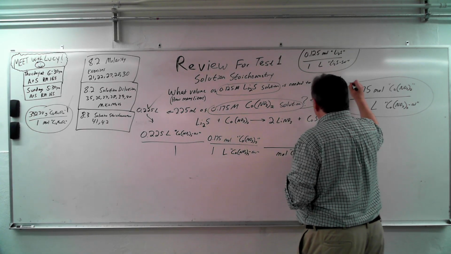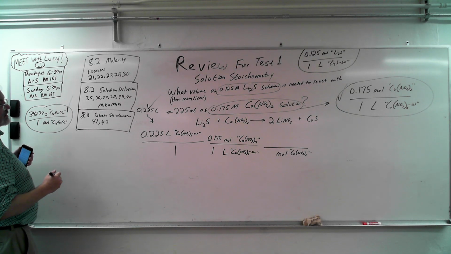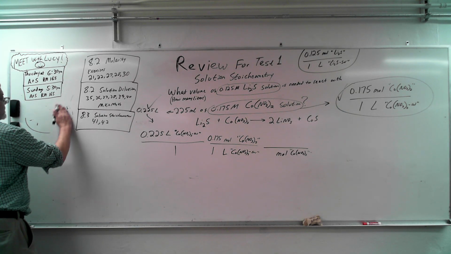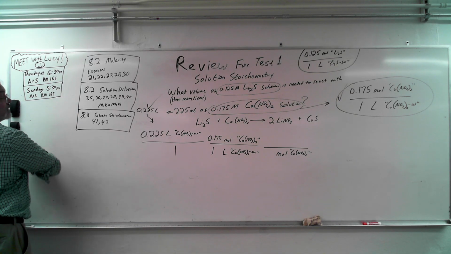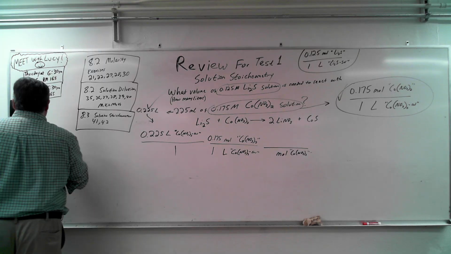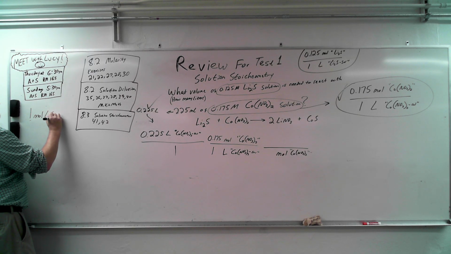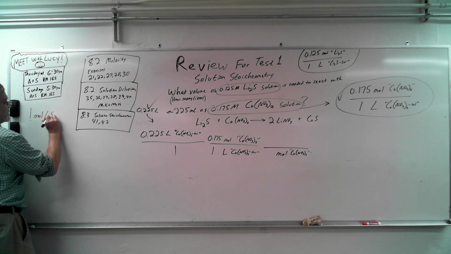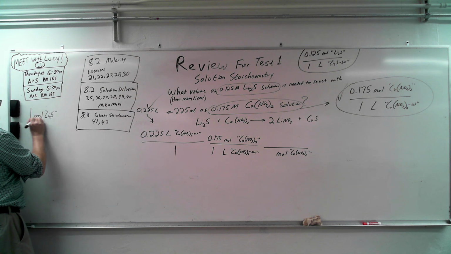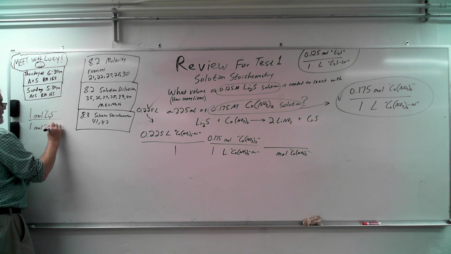Used this. This is the only one left. No, I didn't write it, did I? That's from the last problem. It's 1 mole of this to 1 mole of this. So my mole ratio is 1 mole of Li2S to 1 mole of CoNO3.